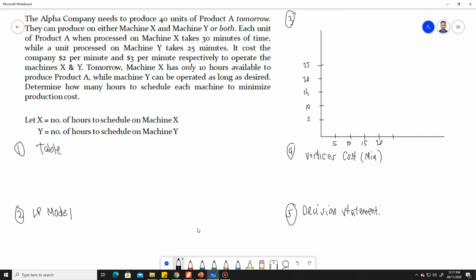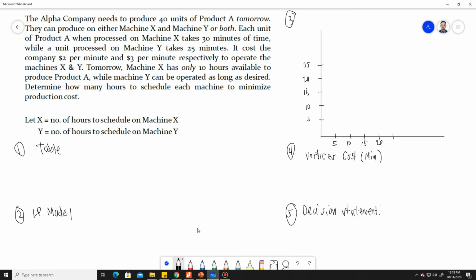Punta tayo sa ating example number 2. I will read. The Alpha company needs to produce 40 units of product A tomorrow. They can produce on either machine X and machine Y or both. Each unit of product A, when processed on machine X, takes 30 minutes of time, while a unit processed on machine Y takes 25 minutes.